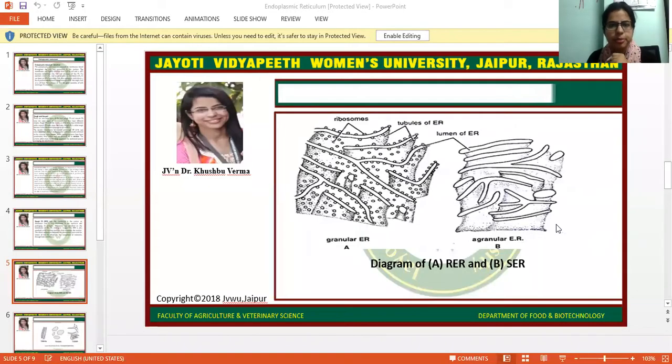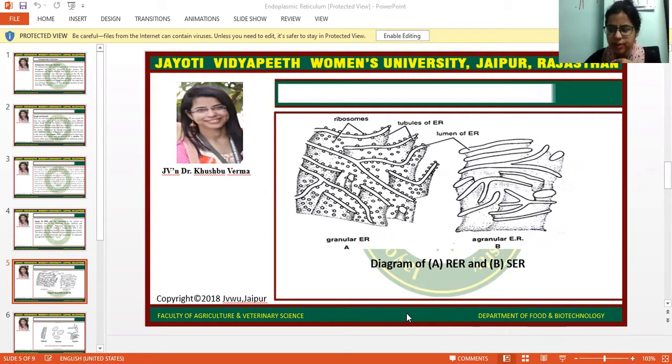Here you can understand this difference between rough and smooth ER simply by the diagrammatic representation. Here you can see this is the rough ER, this is the smooth ER, and these are the ribosomes which are attached on the surface of the ER, and these are the tubes of the ER, and this one is the lumen of the ER.